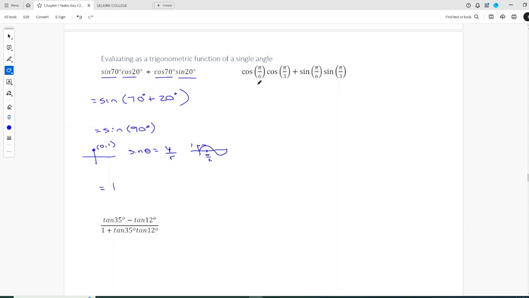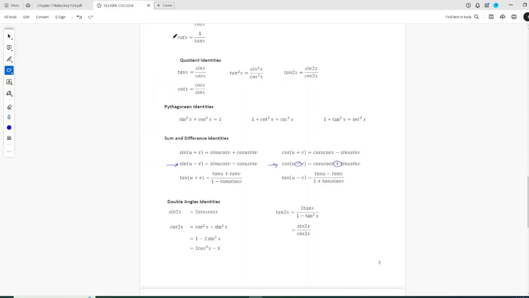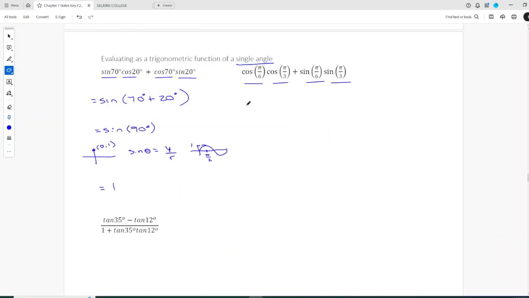All right, this next one you could actually do as written, but they want you to evaluate it as a single angle. So I want you to recognize that it goes cos, cos, sine, sine. This time we're looking at our cos sum and difference identities, and then whatever sign's here, you go the opposite. Since this one is a cos identity, I'm going to write cos.